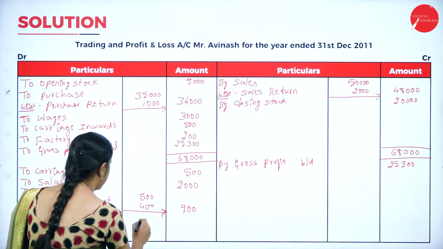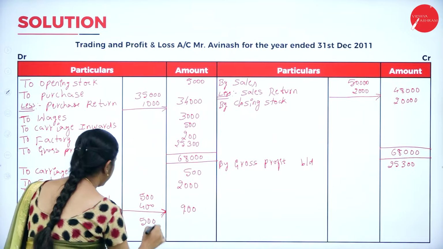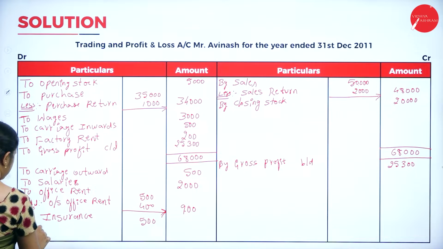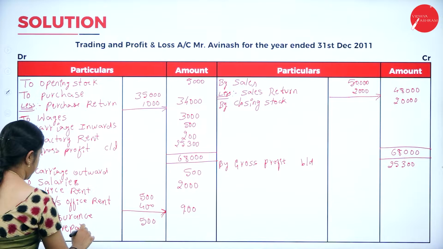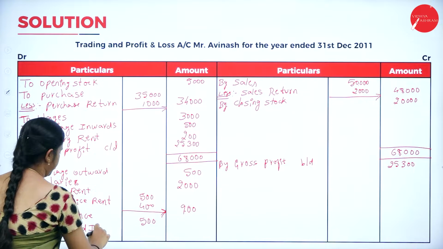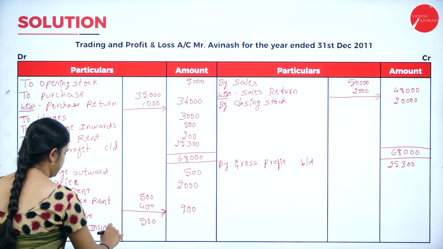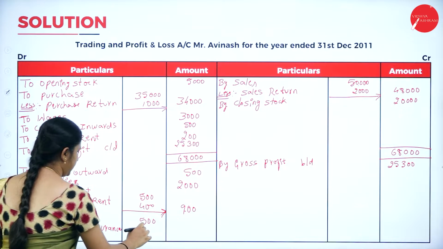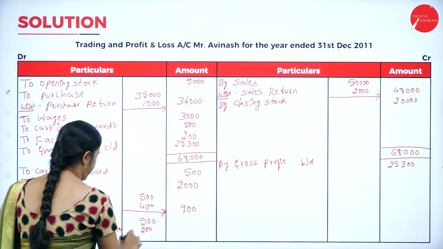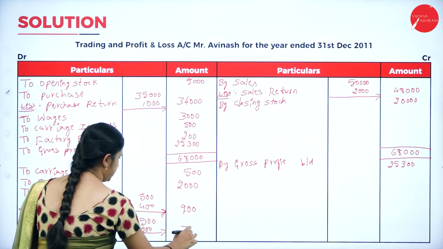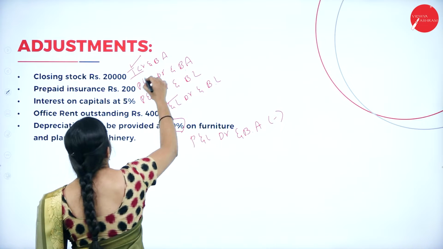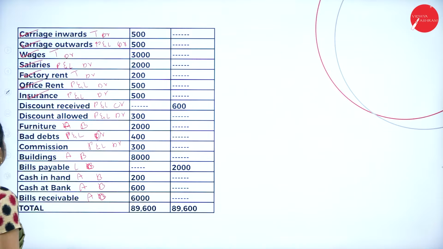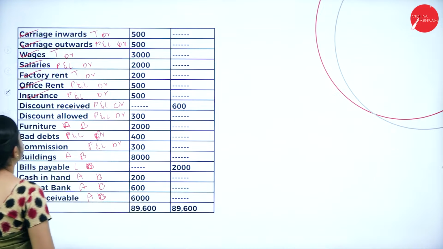Insurance amount in the inner column 500, then less prepaid insurance 200. Amount 300 in the outer column. Prepaid insurance is not considered in the P&L account, only insurance of rupees 300.